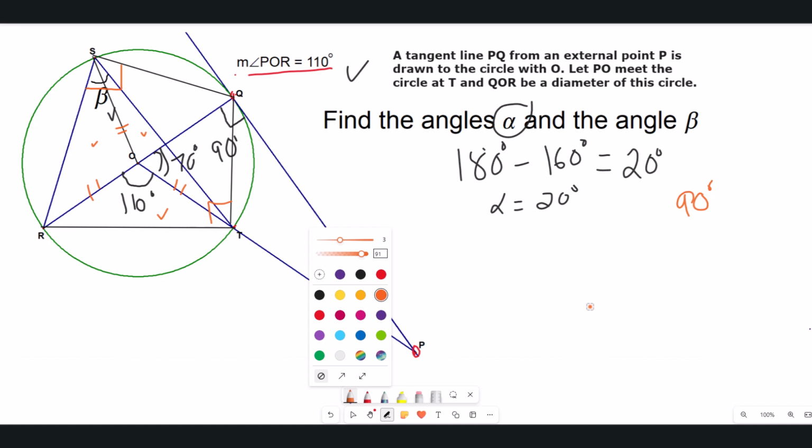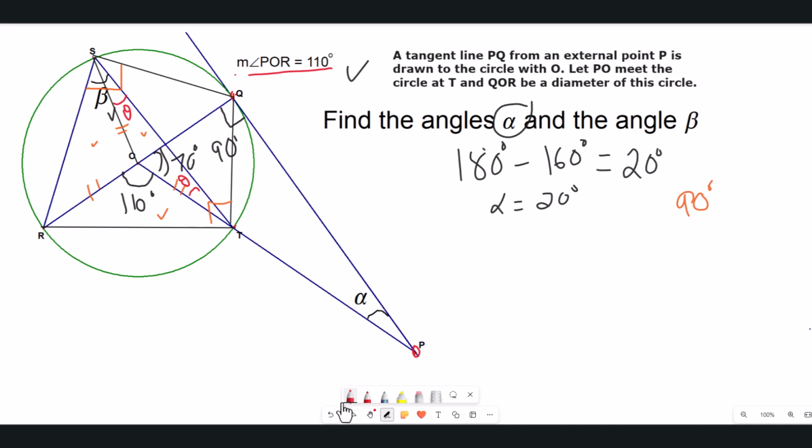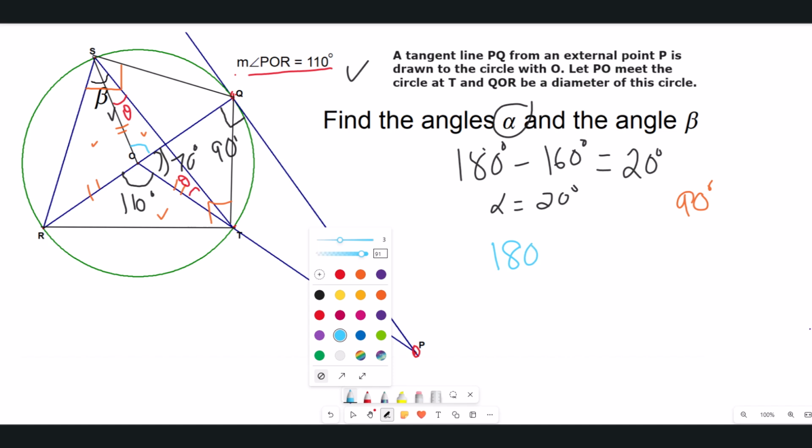Okay, and this question is framed as an algebraic question, so we will partially do it algebraically. So let's let this angle be theta. Let's let this angle also be theta. Okay, then what will this angle be? I just want a different color for that angle. So this angle here would be how much? 180 degrees minus theta plus theta, plus 70 degrees.